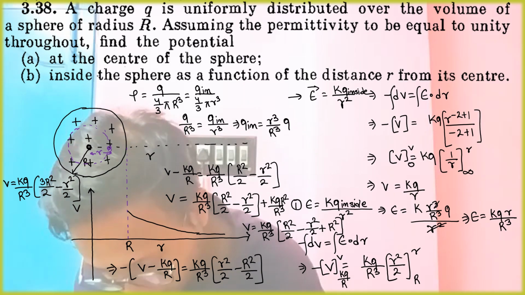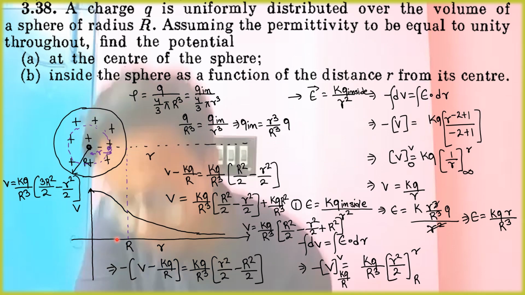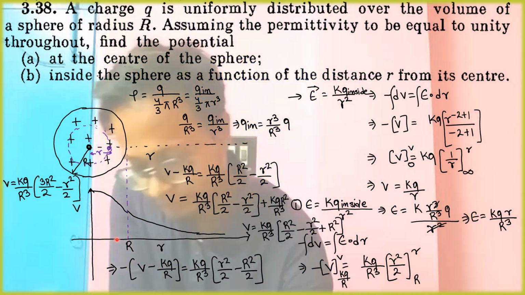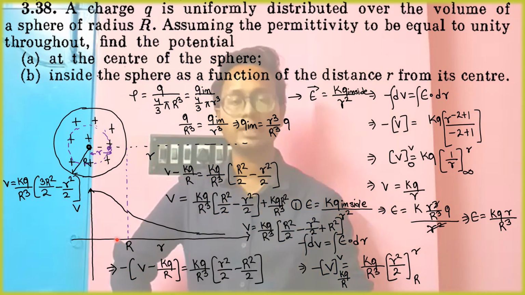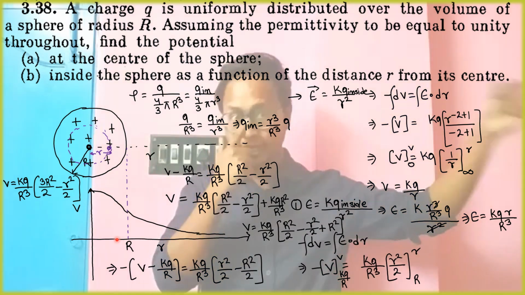So this equation, or this graph, would look somewhat like this. As I go from surface to the center, the potential would keep on increasing. And what is potential? It is nothing but negative of work done by electrostatic force. Where is the datum line? At infinity. Where is the baseline? At infinity.